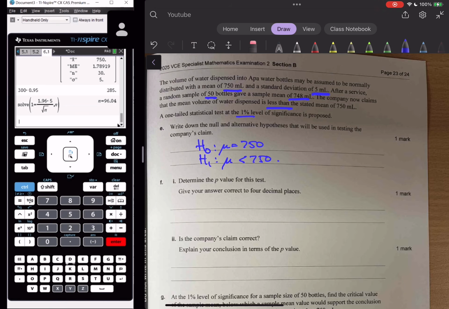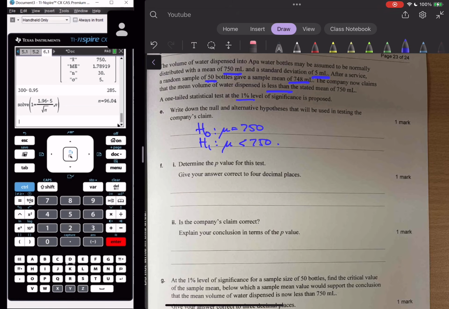Determine p. So the p-value, what we're going to do, so our distribution looks like this at the moment. So here's 750, and we have our 748, that was our sample mean. The p-value is just going to be this extreme probability here.